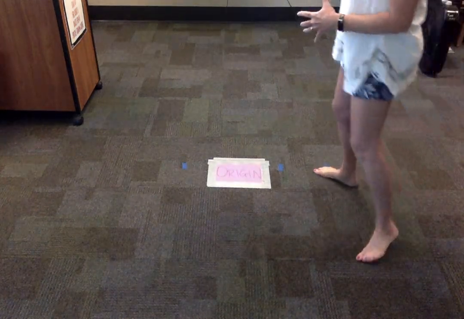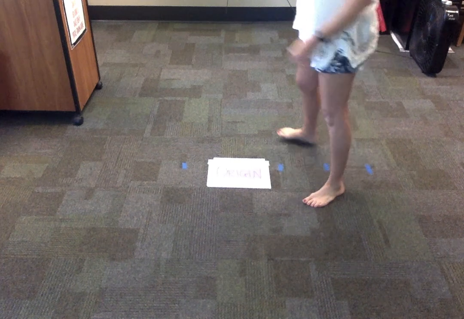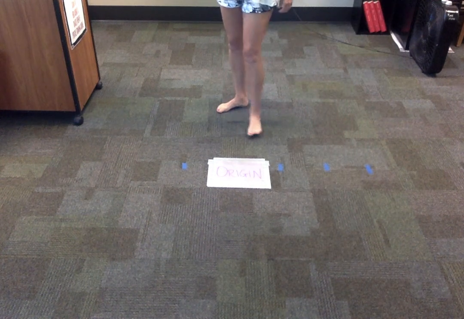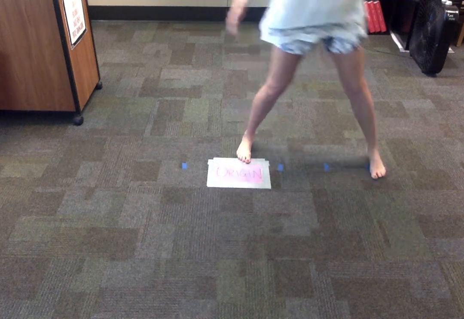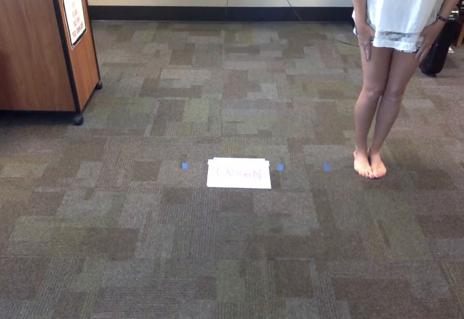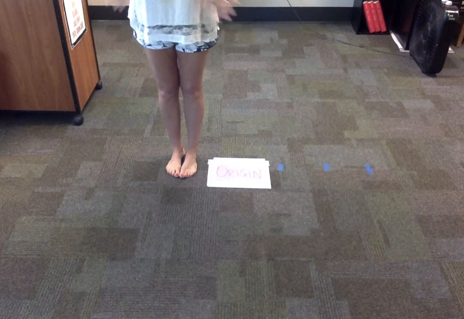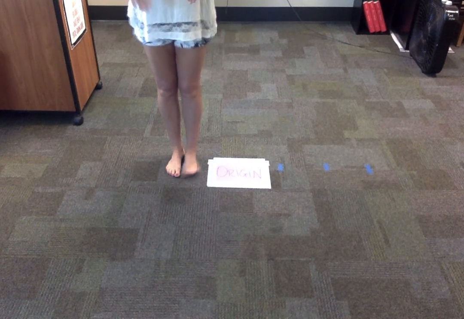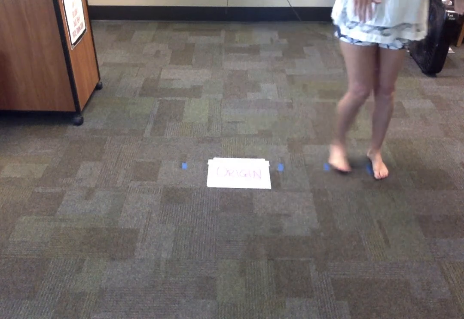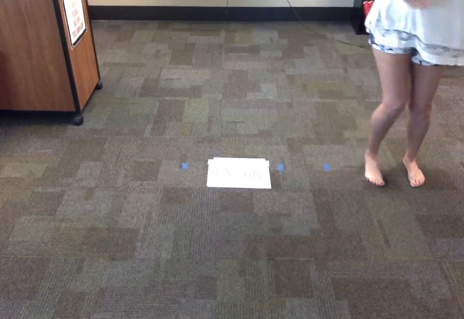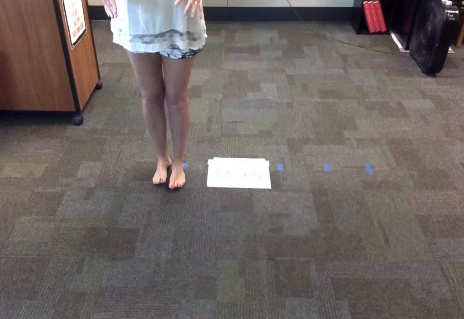Now, if I hadn't done all that work, if all I knew was that at time 0 it was here, and at time 2 it was here, if I didn't know anything else, well, what could have been going on was it could have been moving a little bit this way, and then moving a little bit this way, and then at 2 seconds it ended up over here.